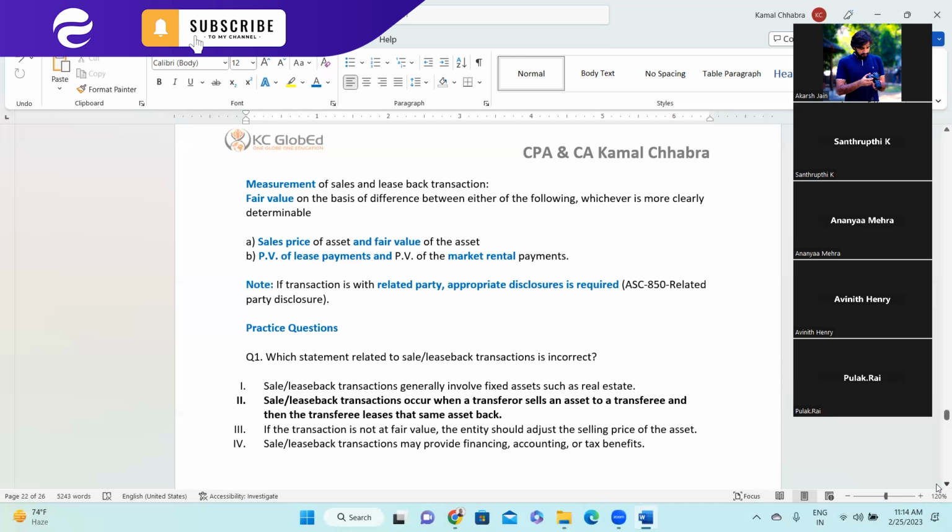Second is the present value of all future lease payments, or the present value of the market rental payments, whichever is more clearly available. Anything out of these four which is more clearly available to you, you can consider as the base for the sale and leaseback transaction.